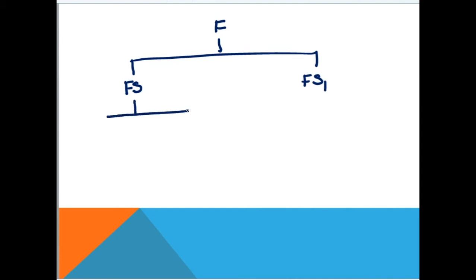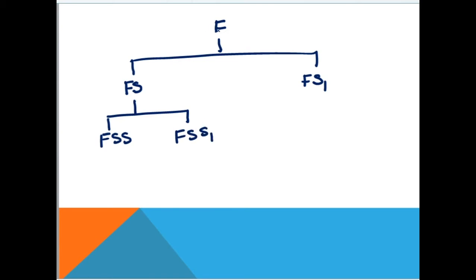Now let's say this is the father F. These are his two sons, FS and FS1, and FS also has two sons, FSS and FSS1.